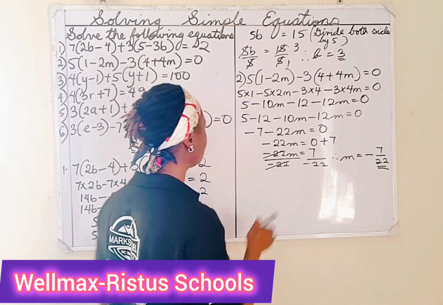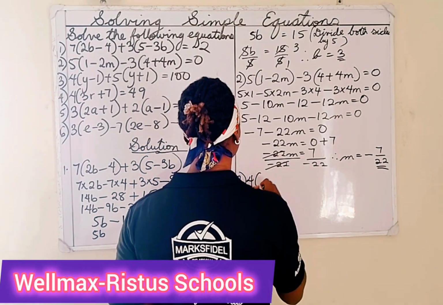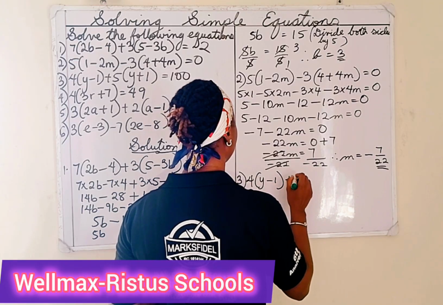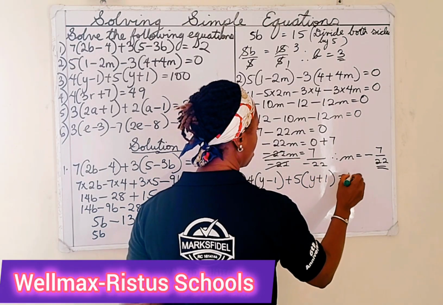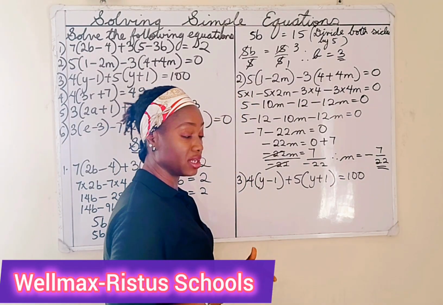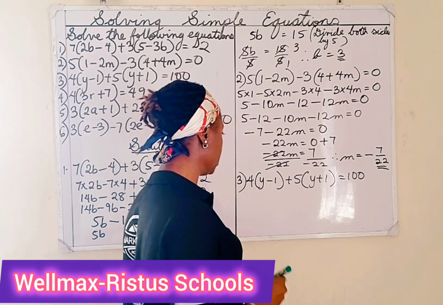Let's continue. Question 3. 4(y - 1) + 5(y + 1) = 100. Just like the previous examples, we're going to first open the brackets.